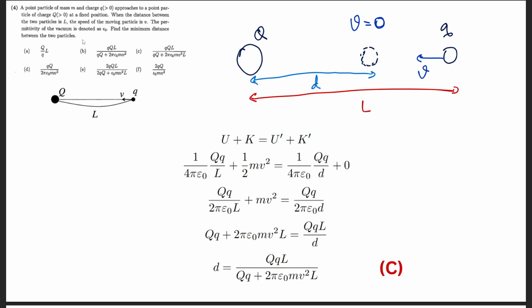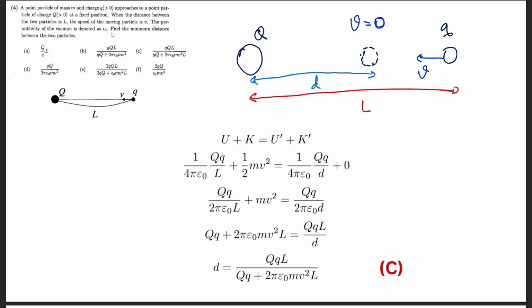From the problem, we know that the small charge q is moving towards the big Q until it stops, until they repel each other. Since they are both positive, they will repel each other if they get close.